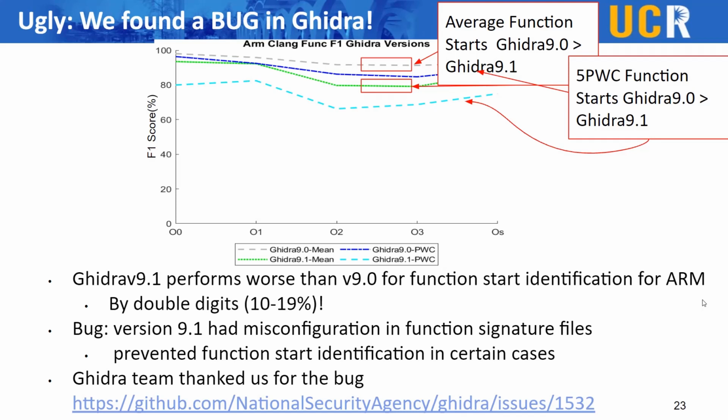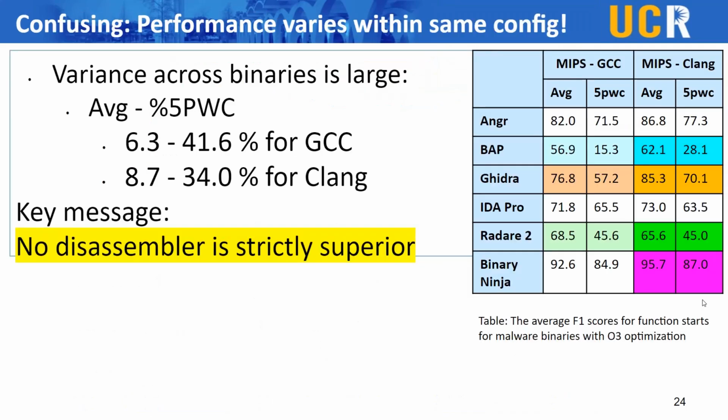This is because version 9.1 had a misconfiguration in the function signature file, and this prevented correct function start identification in certain cases. That is why the function start identification is worse in version 9.1. And if you look at the link at the bottom of the slide, you will find the full description of the bug together with our suggested patch.